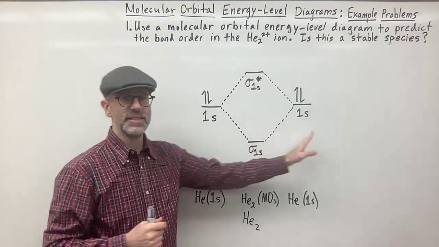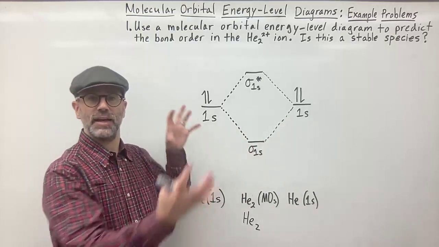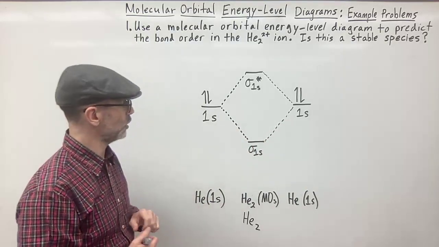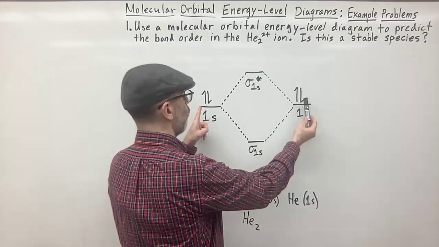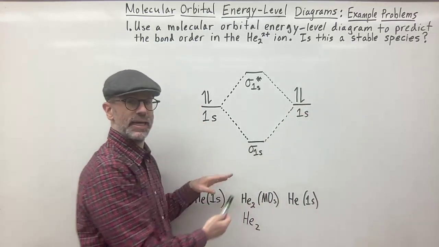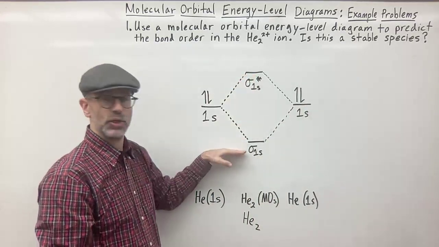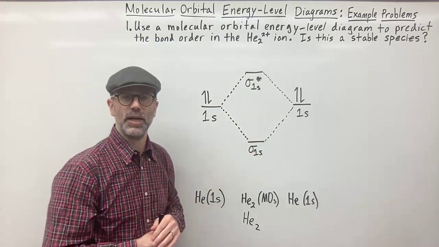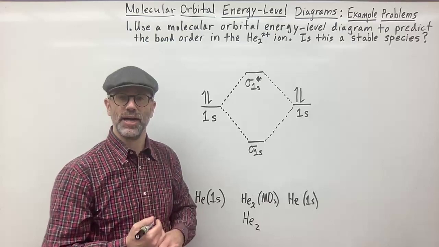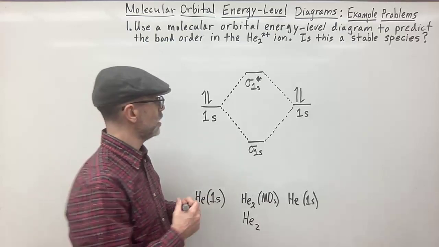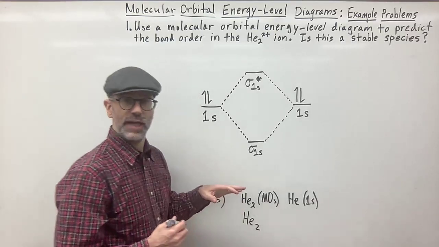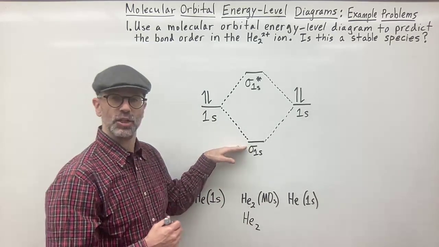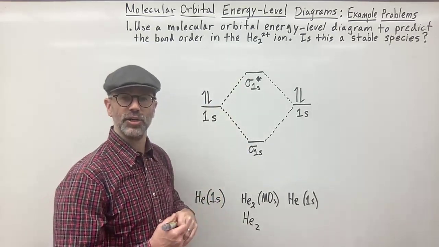So there are our separate helium atoms, and if we're going to combine them into a molecule, we take the four valence electrons and fill them into our molecular orbital energy level diagram, just like we would with any energy level diagram with 1s and 2s and 3p. We follow the Aufbau principle: start low and work our way up to higher energy levels.